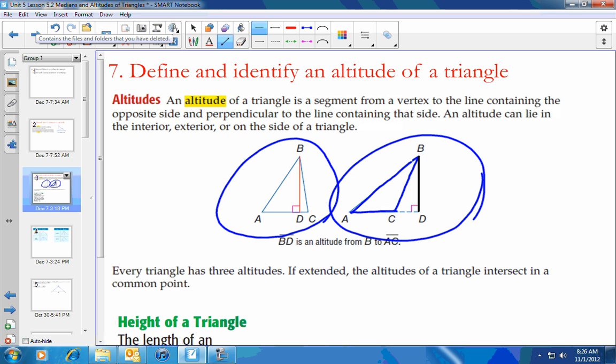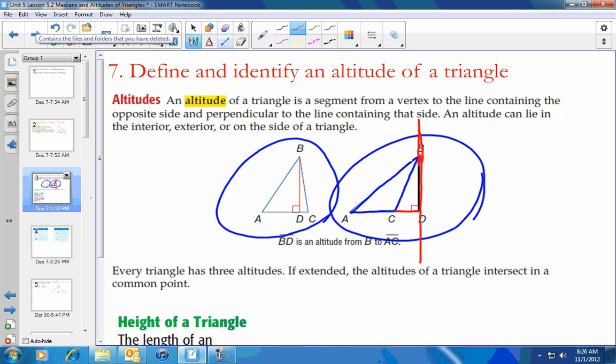Okay. All right. And then, like the other things we've had, since triangles have three angles and three sides, there's going to be three altitudes. Okay? And the altitudes may have to be extended, but they will. In other words, not only do we have to extend this side to get this altitude, we may actually have to extend the altitude in one way or another.